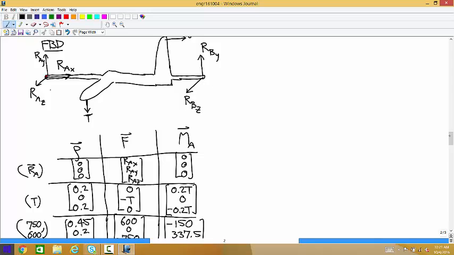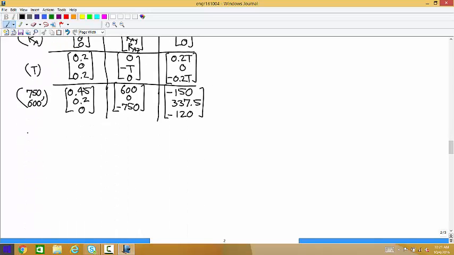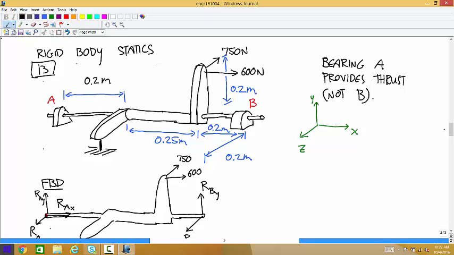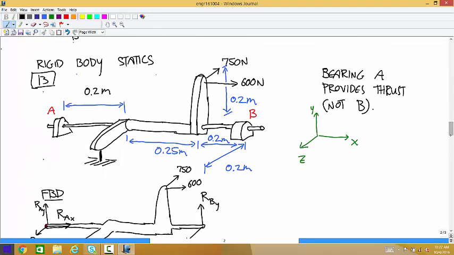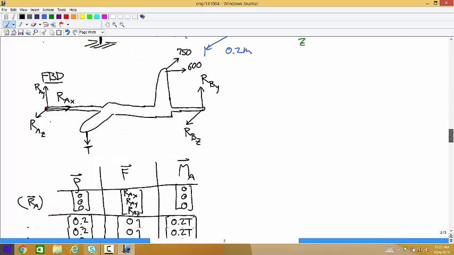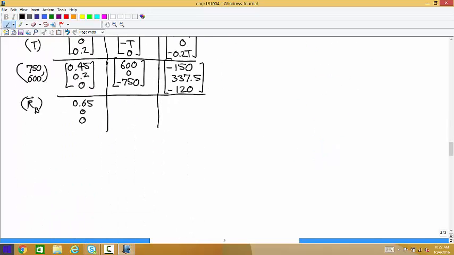And now the last force is RB. So the coordinates of B, in the x direction we have to go 0.2 plus 0.25 plus another 0.2. So that's 0.65. And we don't have to go anywhere in the y or z directions. So that's 0.65, 0, 0.